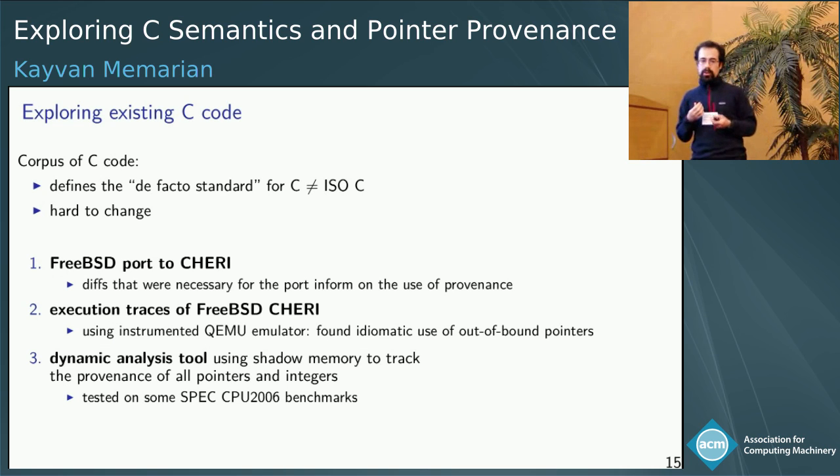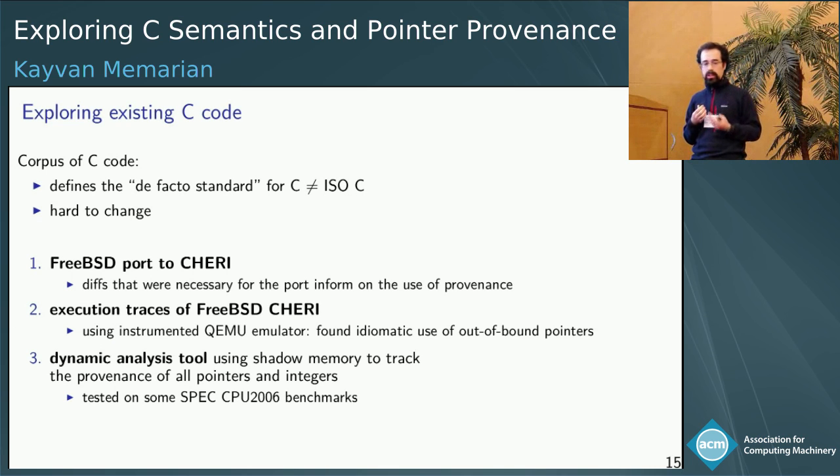So with colleagues in Cambridge, who work on the CHERI architecture that Alastair mentioned earlier, which is an experimental ISA which provides hardware capabilities, which you can think of as being runtime provenance, we can use their tool chain to collect experimental data. For example, they've ported FreeBSD to their architecture. So they had to change FreeBSD to be compatible with a provenance semantics.